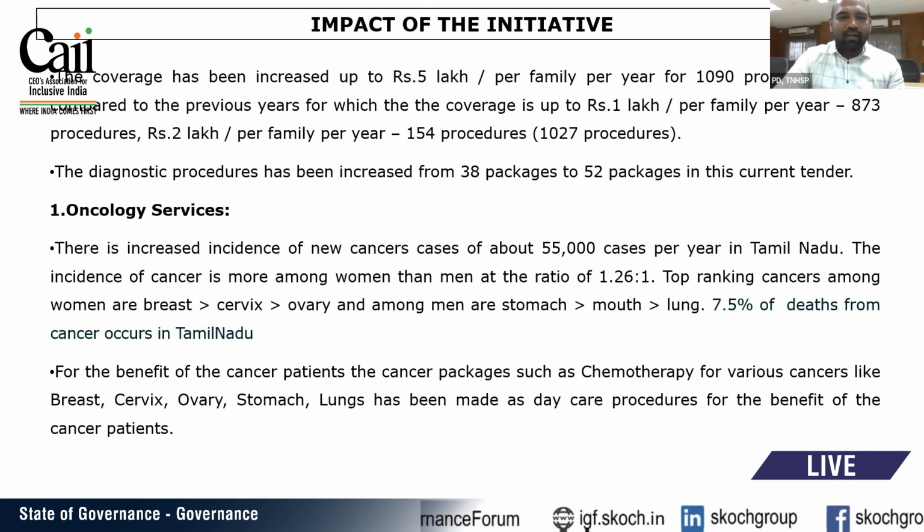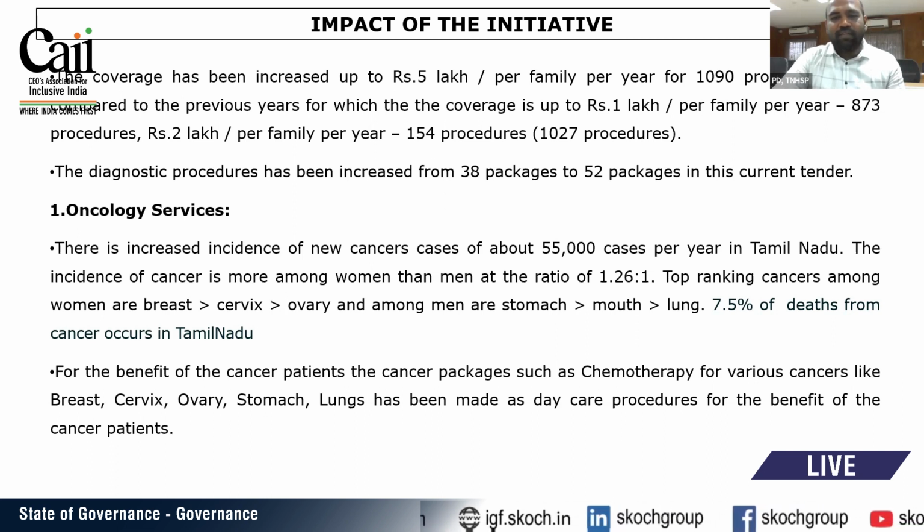The major inclusions in the current tender are the oncology packages. As we all know, every year the cancer cases are increasing, and Tamil Nadu is reporting about 55,000 new cases per year. Also, the incidence of cancer is higher among women, and the ratio is 1.26:1.